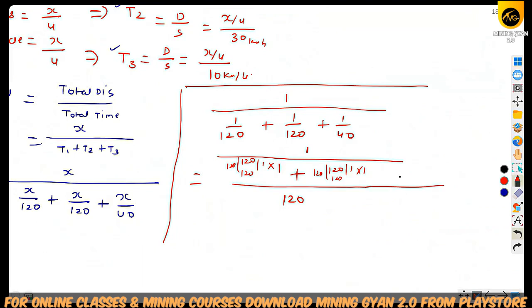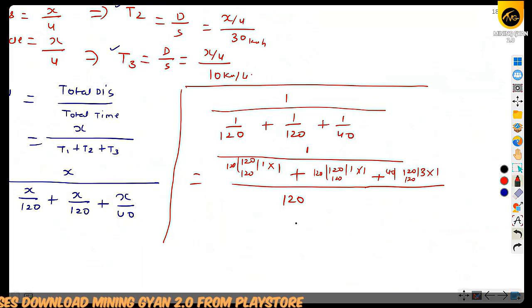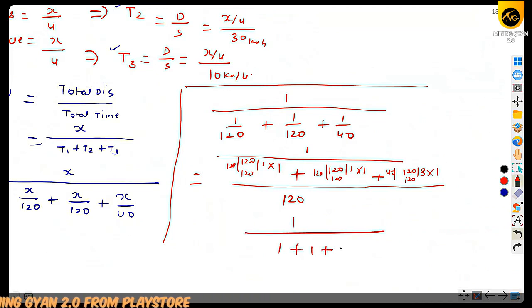The last portion is plus 120 divided by 40, so it goes 3 times, and 3 multiplied by 1. So 1 plus 1 plus 3, that is 5, whole divided by 120.